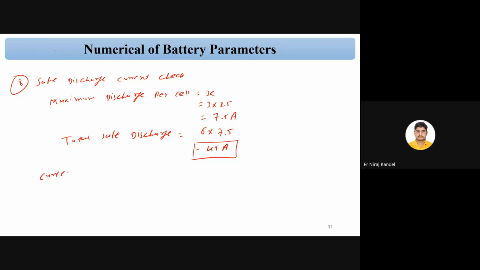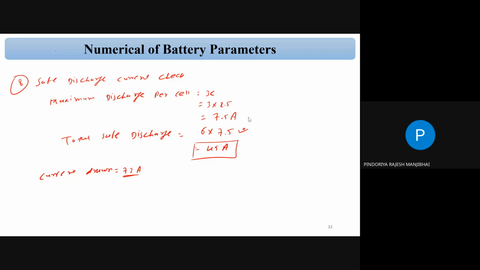Sir, can you explain the expression 6 times 7.5 again? Just 1 minute. Why 6 times? Yes, 6 is parallel. That's why.